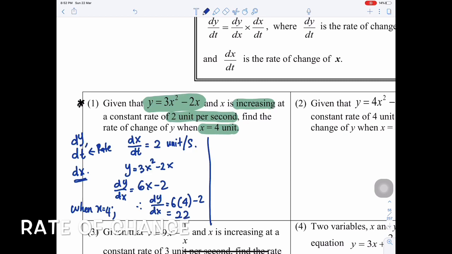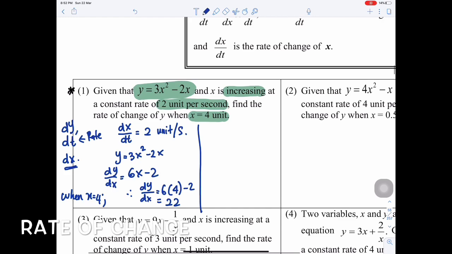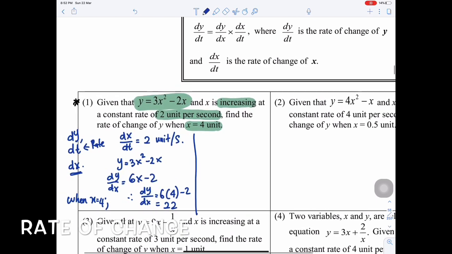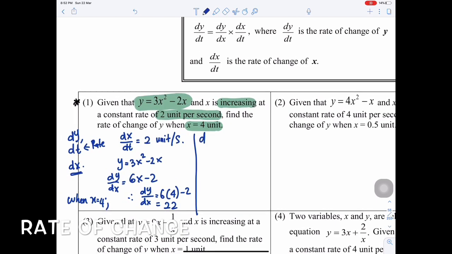Finished. But last but not least, identify the rate of change: dy/dt equals dy above times dx, dt below. So what is the third part? dx.